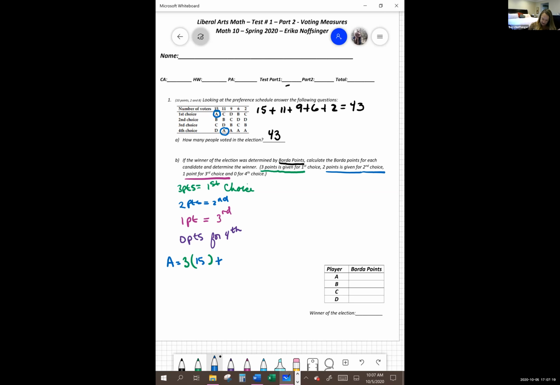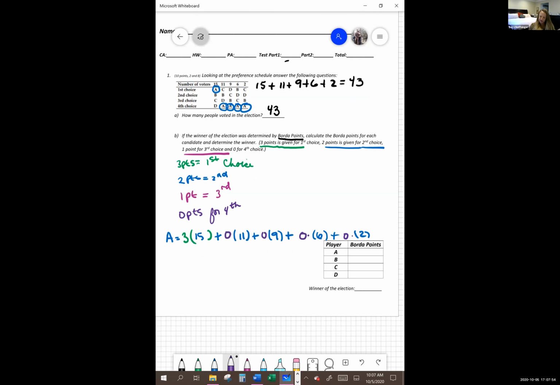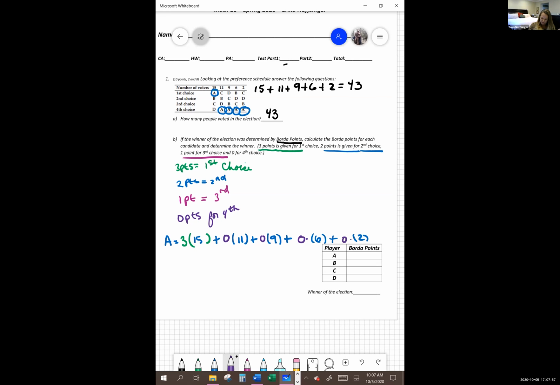And last choice was 0 points. Oops, A is all last choice here. So really 0 times 9, plus 0 times 6, plus 0 times 2. So really, they only have 3 times 15, or 45 points.